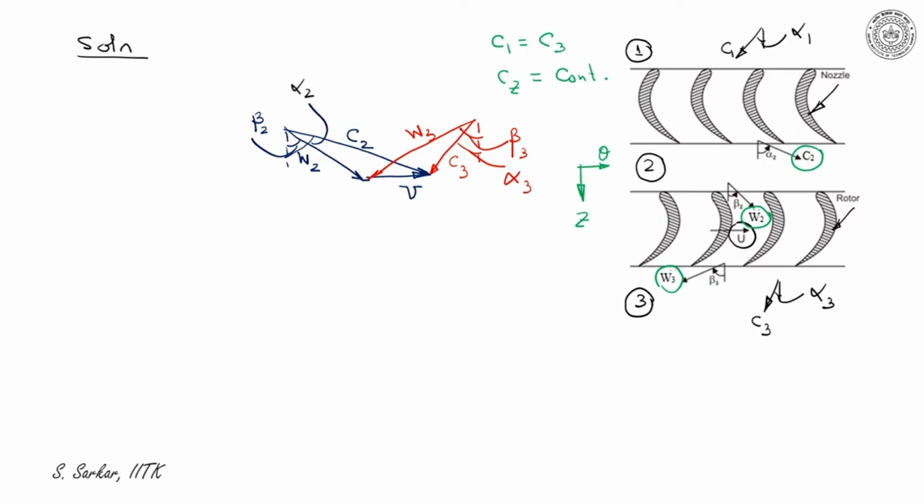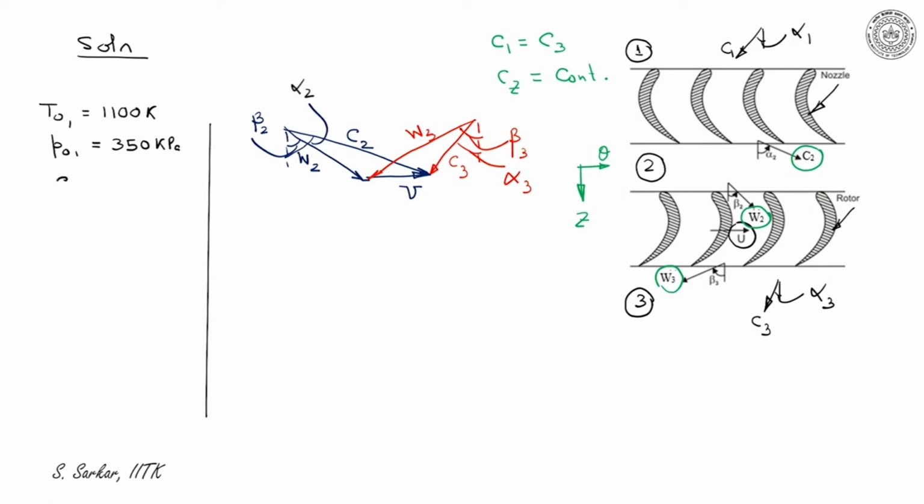Now what are the quantities given? T01 is equal to 1100 Kelvin. P01 is equal to 350 kilopascal.